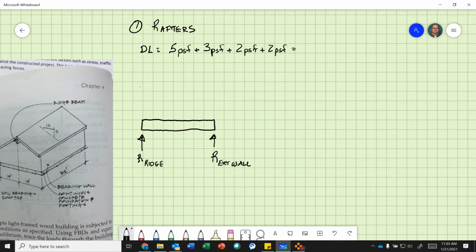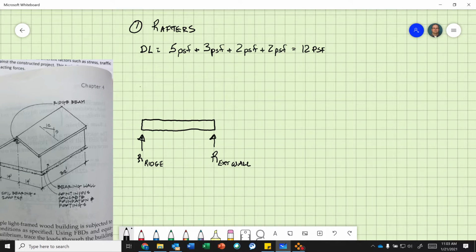So 5 plus 3 is 8, plus 2 is 10, plus 2 is 12. We have a total dead load of 12 pounds per square foot on top of the roof. Remember, roofs and floors have loads per square foot.